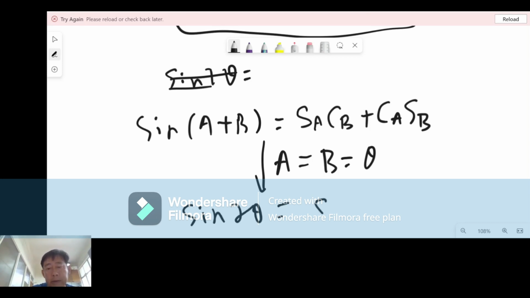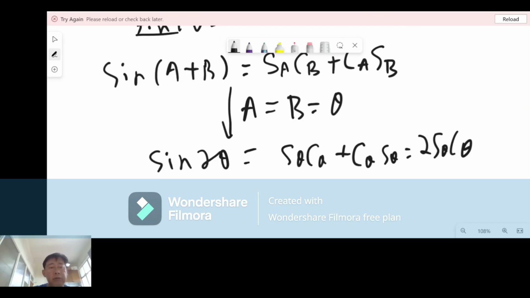Then it becomes sine theta cos theta plus cos theta sine theta, and it's just 2 sine theta cos theta. So that finishes up the relationship between sine 2 theta and sine theta cos theta.